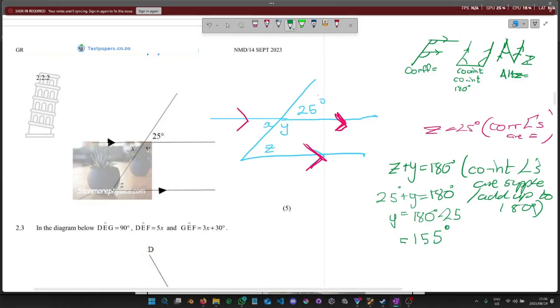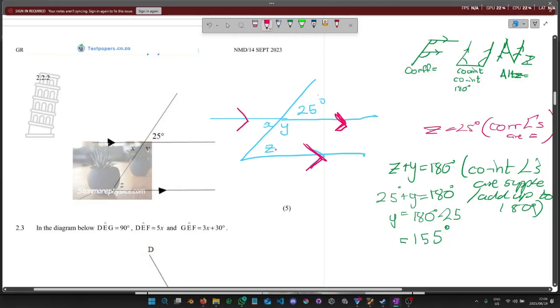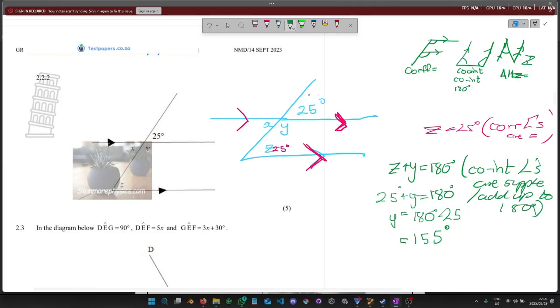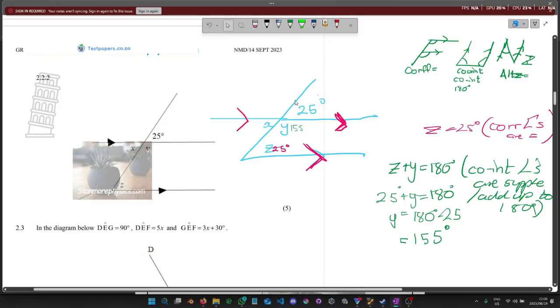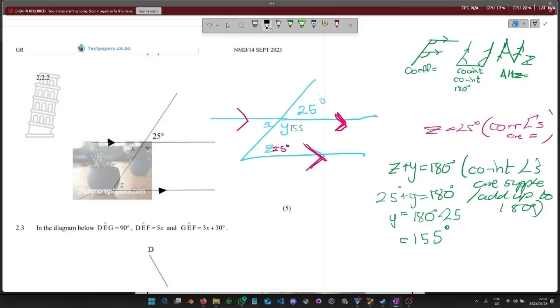Right, so we should probably add this. So this is 25 degrees. This is going to be 155 degrees, right? So this next one has two ways to do it, right? But I think the way they wanted us to do it, because this is x, this was the first one, right?